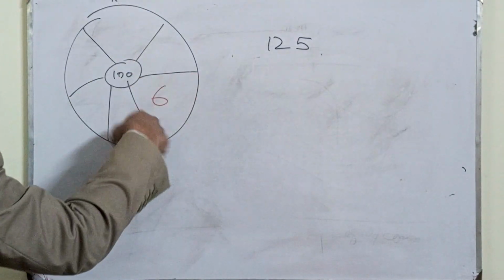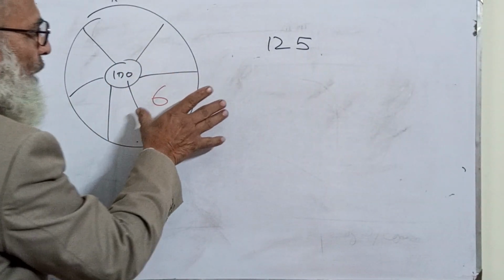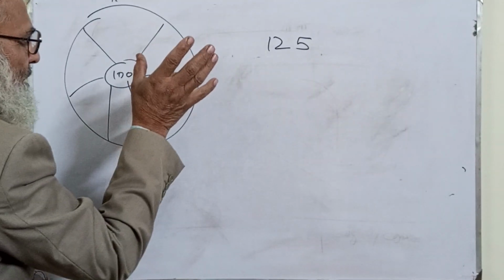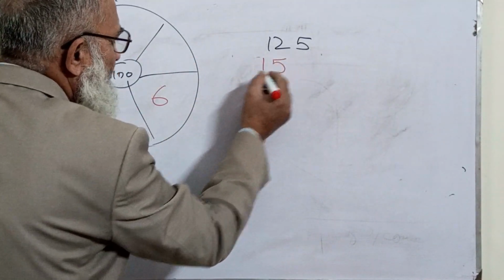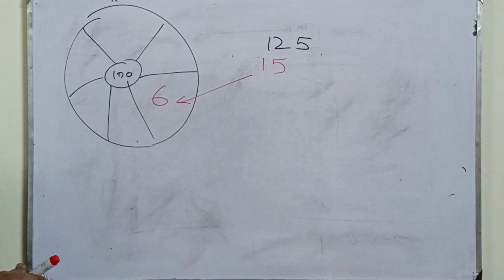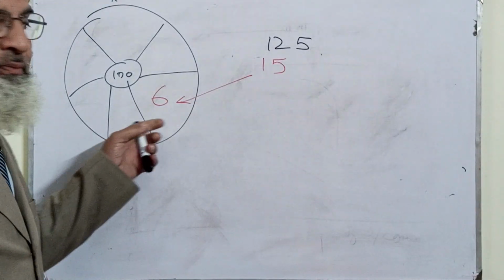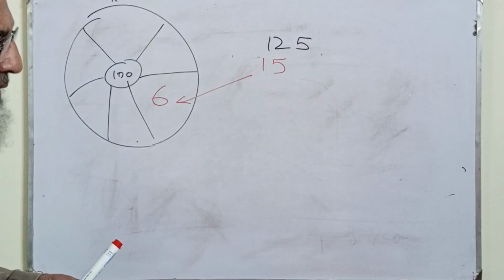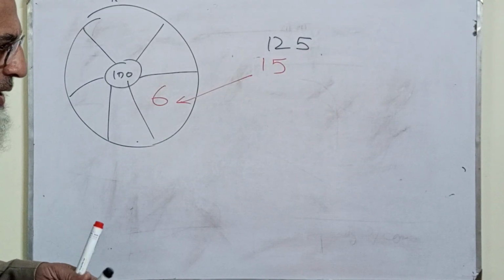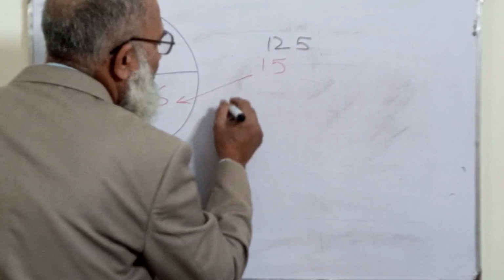Out of which 15 throws hit 6. Okay. Now, what is the probability of 6?